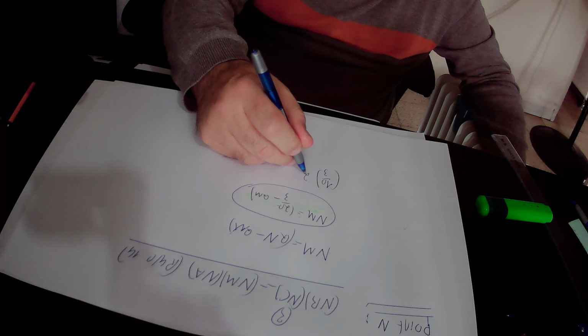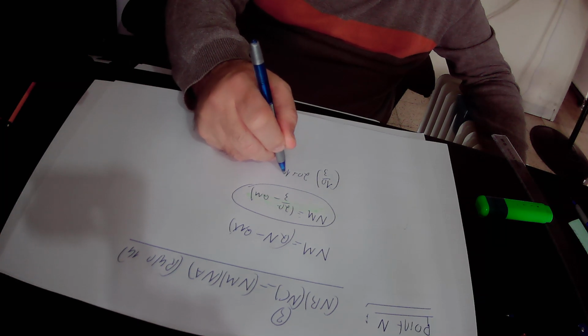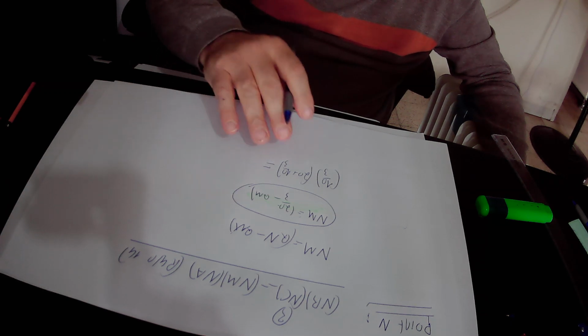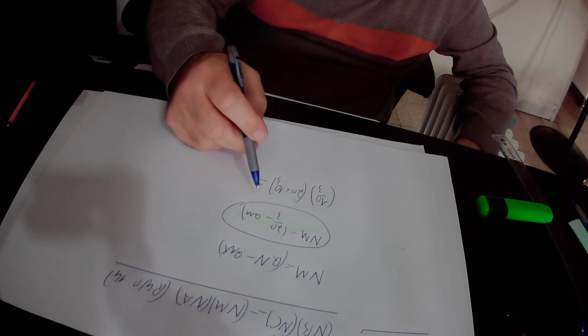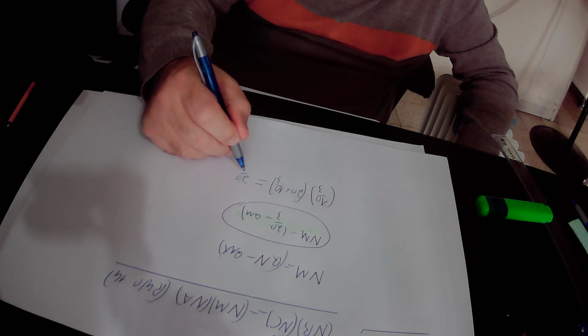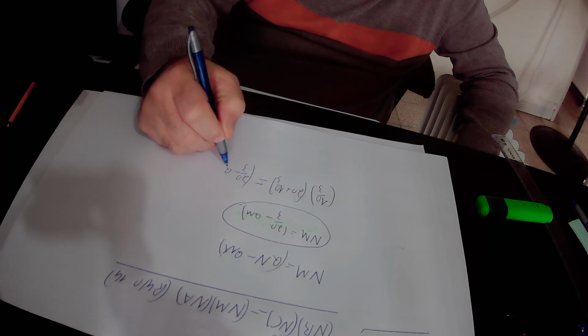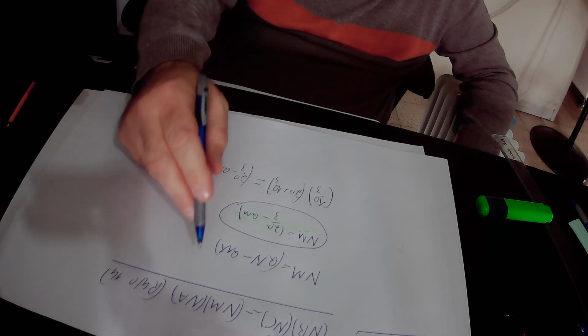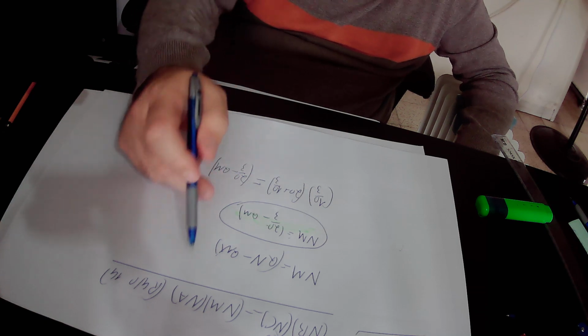So NC in total equals 20 plus 10 over 3, and it equals NM. We just found out that NM equals 20 over 3 minus QM, times NA.